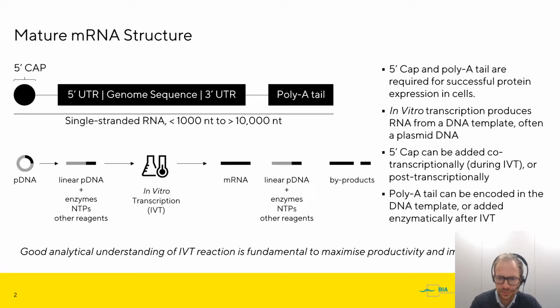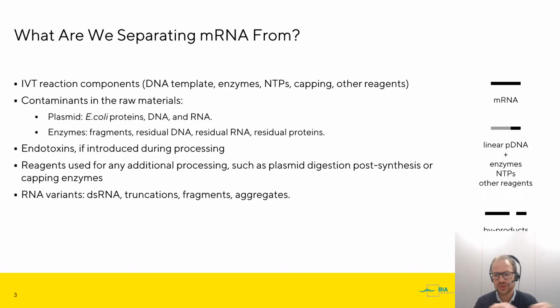There could be unwanted byproducts co-synthesized with the RNA, and in the IVT reaction there is still residual template unless we remove it enzymatically. And so in the purification process we are separating mRNA in principle from the DNA template, the enzymes used for the synthesis, the building blocks or NTPs, capping and other reagents.